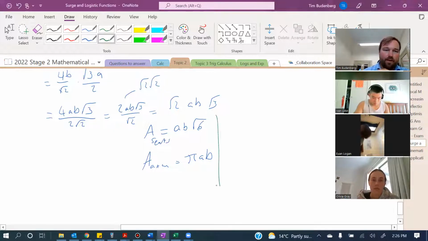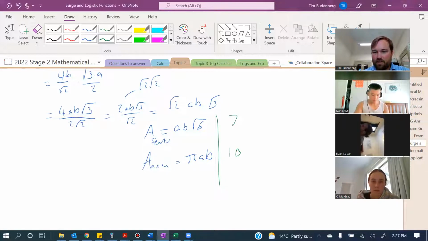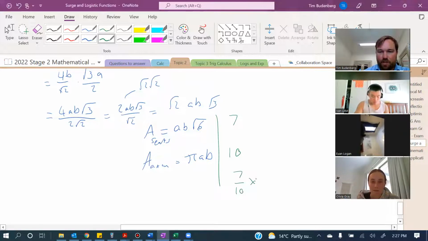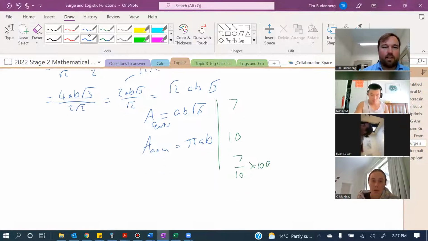Because the numbers are scary, let's make it much easier and then follow the same process. Let's say the arena was 10 big and 7 of it was seats. What percentage full would it be of seats? It'd be 70%, right? So what you're doing is 7 on 10 times 100. Let's do that with this.